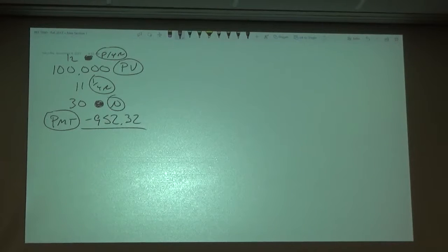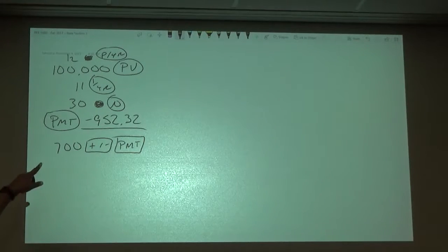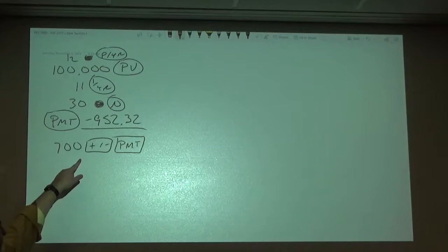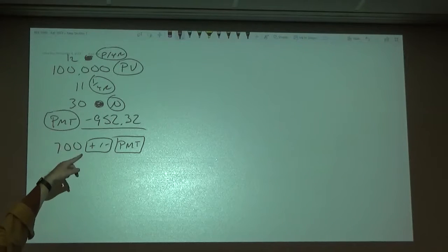Give me a payment substantially lower than that. 700. Okay, we put in 700 as a negative, since the payment was a negative as well. So now the payment has been replaced with a negative 700 instead of a negative 952.